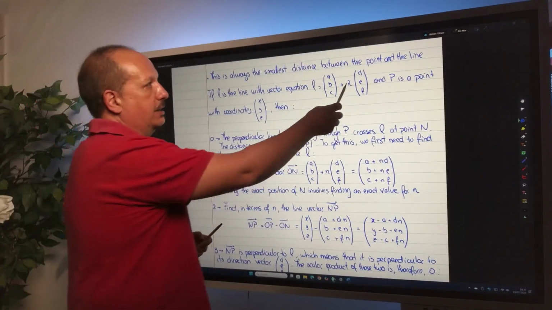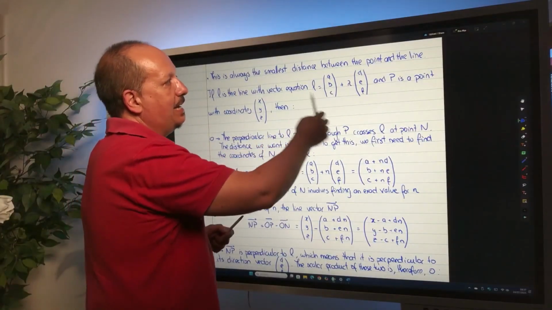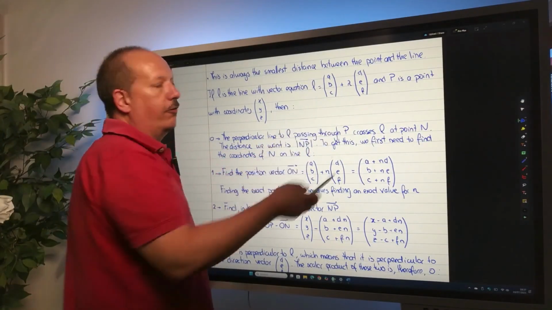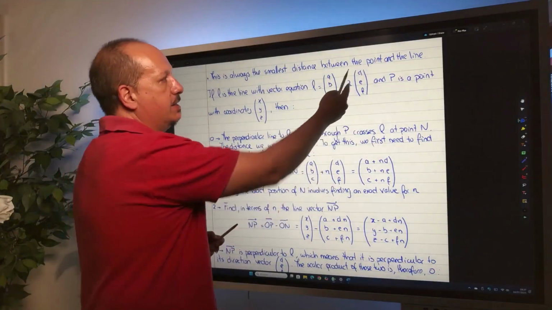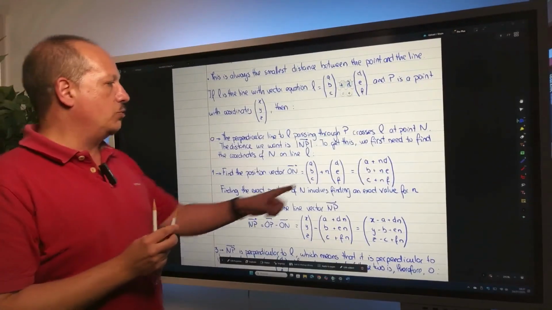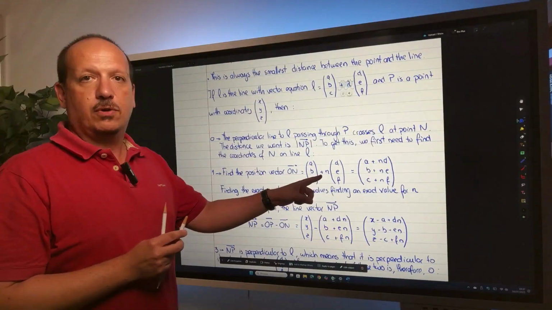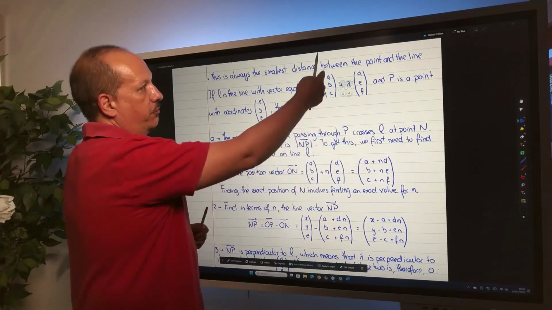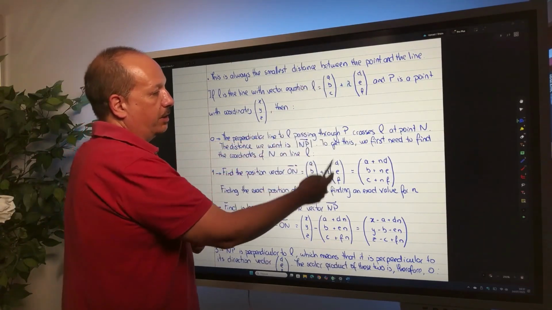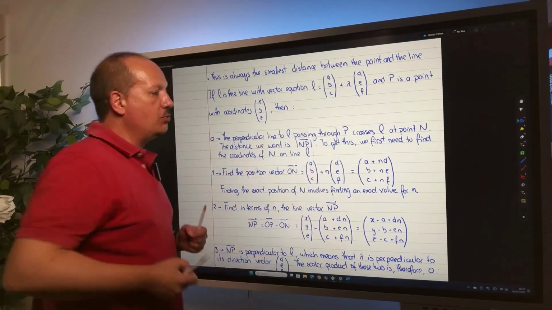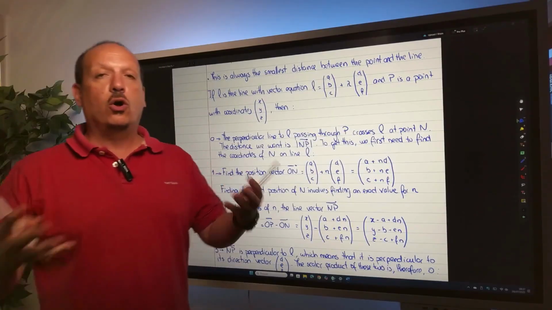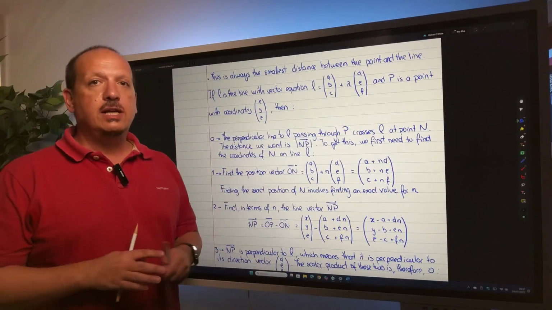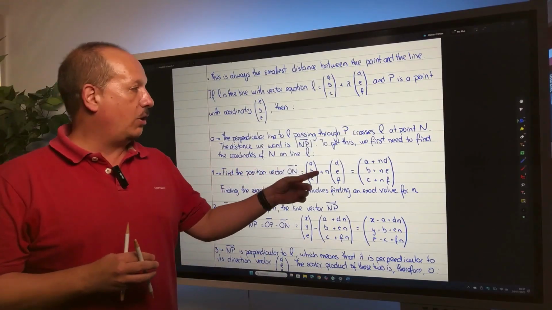Don't forget, this allows you to get any point on line L. For a particular point, this is going to be a specific number that I'm going to call n. So what you have here, ON, is the position vector of L plus n times the direction vector of L. The whole thing we're going to do is try to find out the value of n.